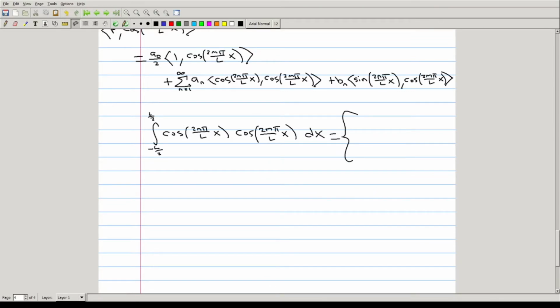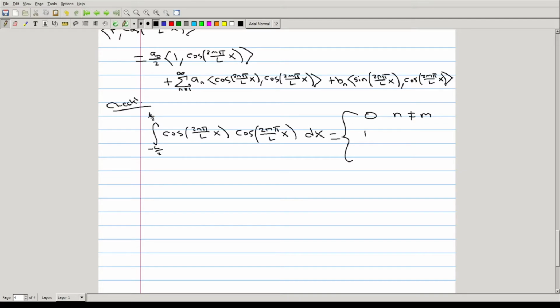But when we go through and do this integral, I recommend that you check this, we end up getting that it's 0 when n is not equal to m.